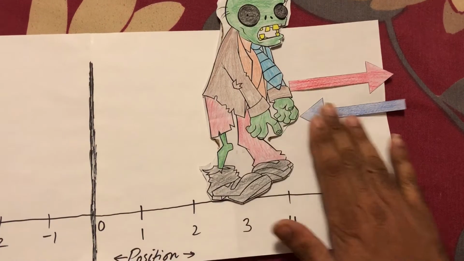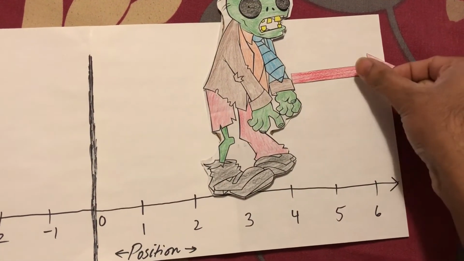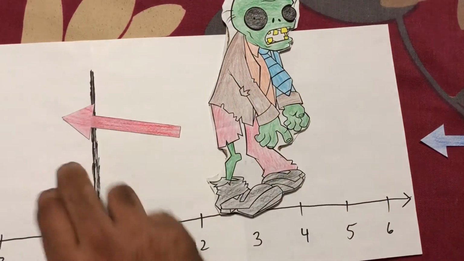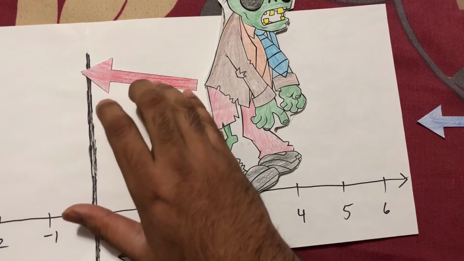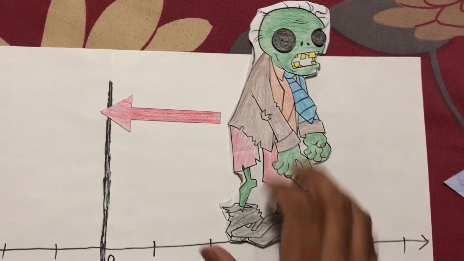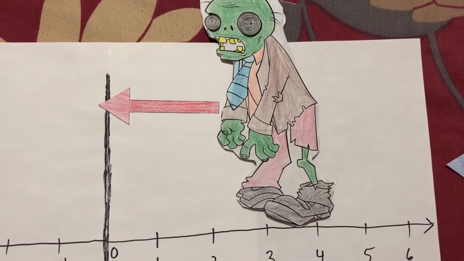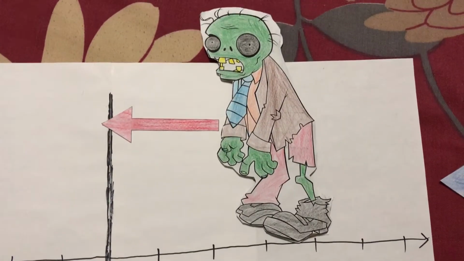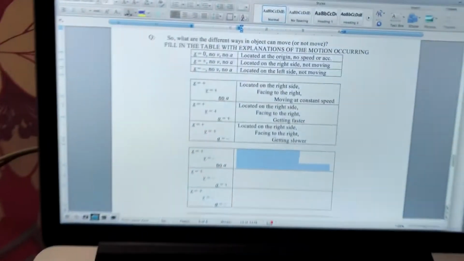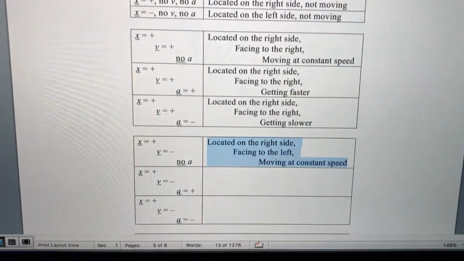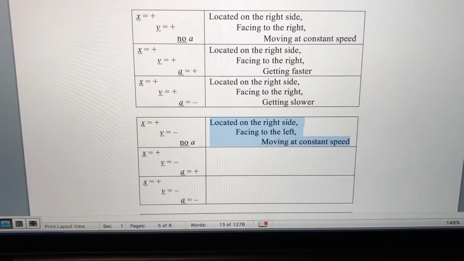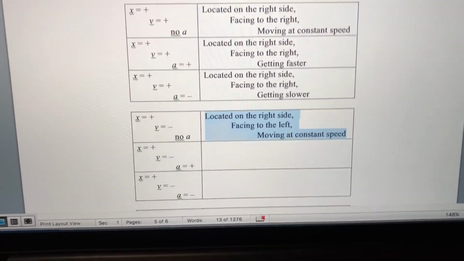Next one looks something like this. Positive side. Velocity is negative, but if you have a negative velocity, you can't be looking on the right side. The zombie is facing left, but with no acceleration. So the answer for that becomes located on the right side, facing to the left, but you're moving at constant speed.